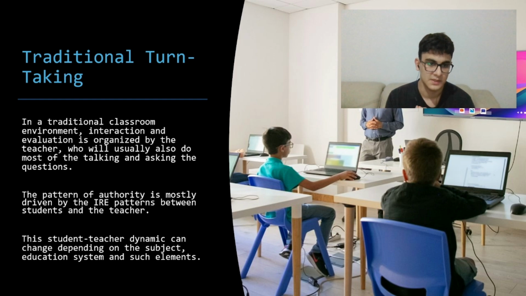In a traditional classroom environment, like I said here, it's usually the teacher who is doing most of the talking and monitoring the classroom. But this can change from time to time depending on the subject, the system in class, what the teacher decides to do within that subject in that class.